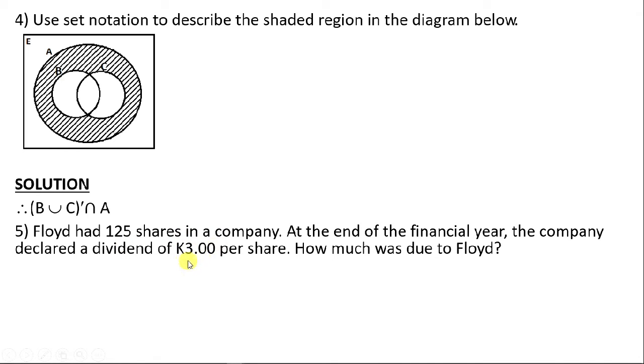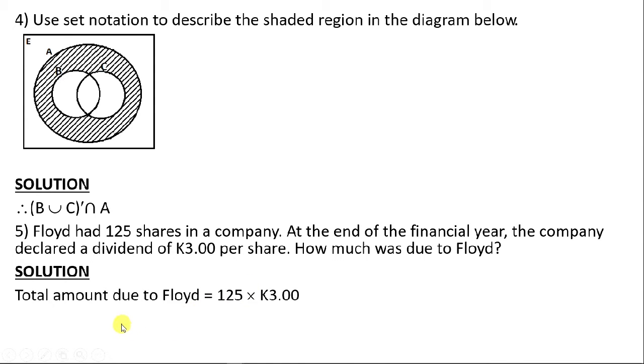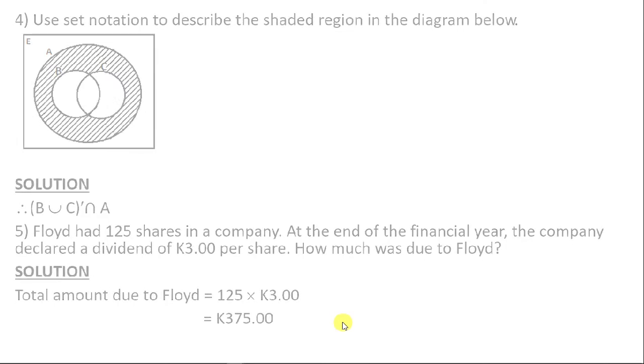For every share, there was a profit of 3 kwacha. What are we supposed to do? We are supposed to multiply. So the total amount due to Floyd was 125 of the shares times the profit for each share. So Floyd got 375 kwacha. We continue.